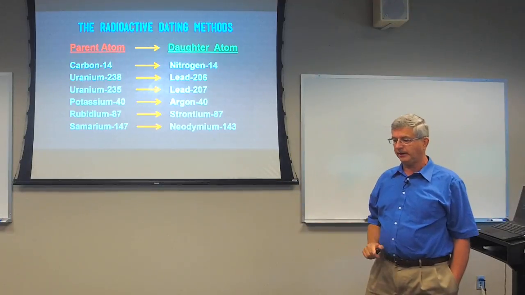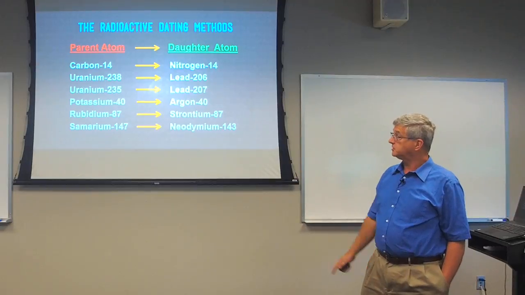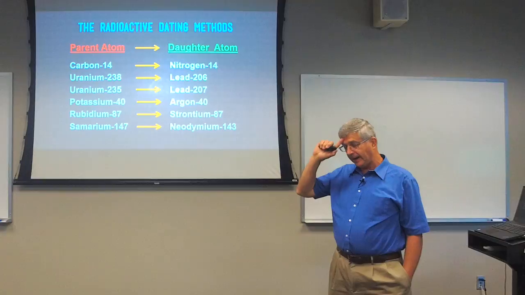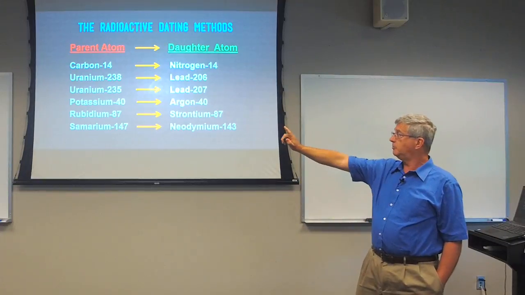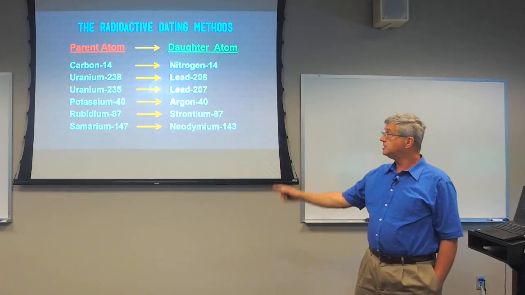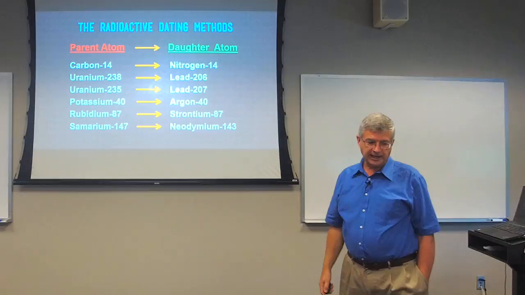The atomic weight of the parent and the daughter is significantly different. So potassium decays to argon, which is a beta decay process, and rubidium-87 to strontium-87 is also a beta decay process. Samarium changes to neodymium, and that is an alpha decay process.